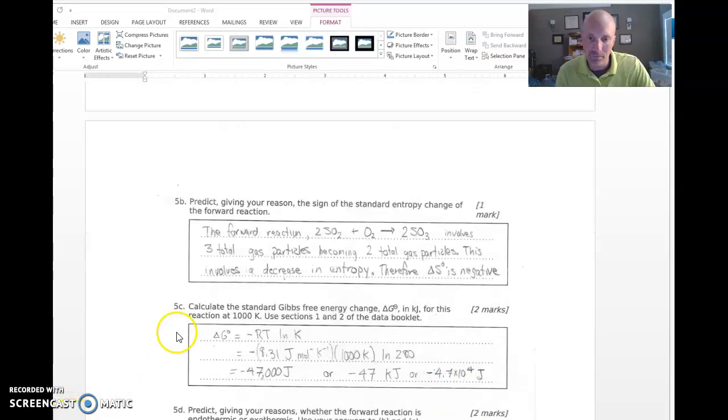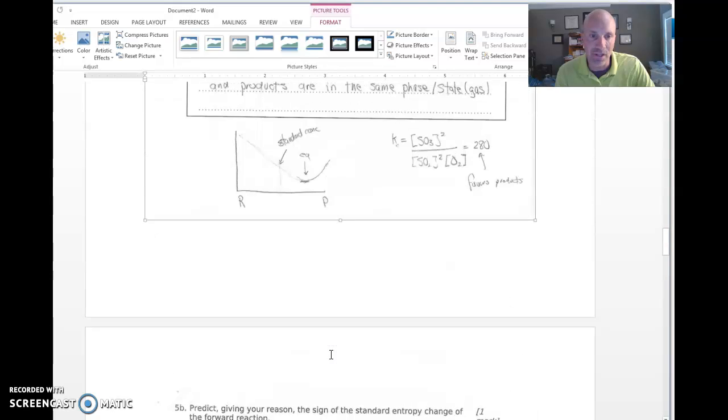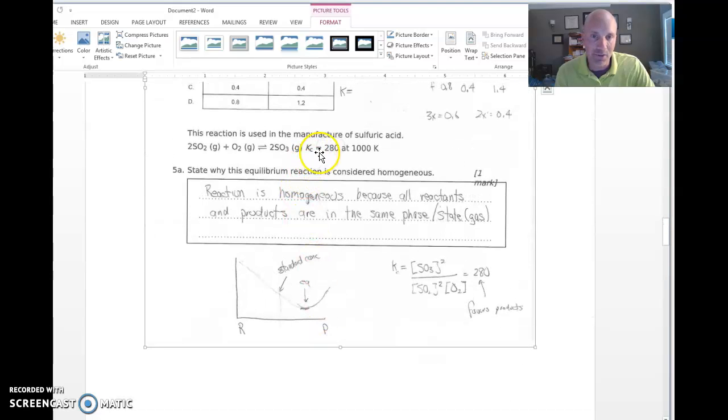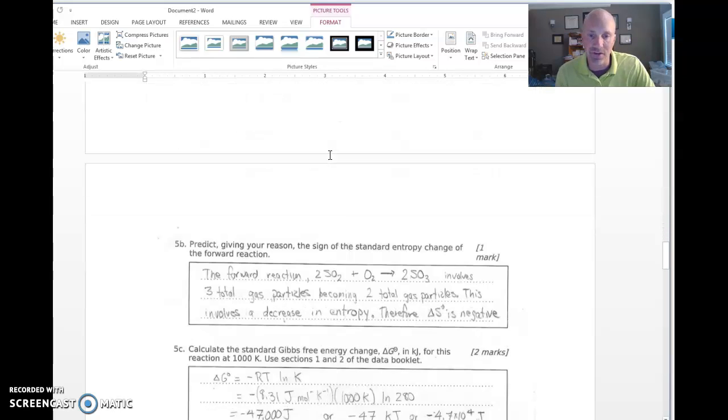Okay. So in the next problem here, it's a straightforward calculation using this equation right here. One thing just to point out about this reaction is that when they give the equilibrium constant in the very beginning, notice the way they report that. This would only be considered to have 2 significant figures.